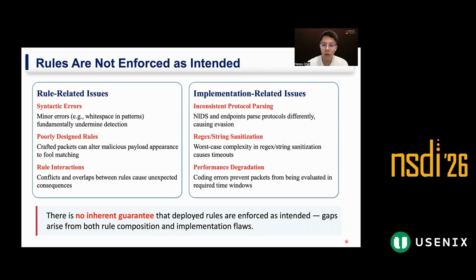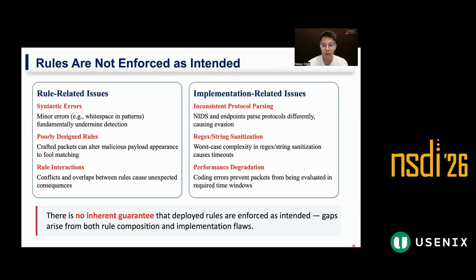However, rules are not always enforced as intended, which is the core observation behind our work. We see two broad sources of this gap. The first category is rule-related issues. Rules are highly structured. Even a small mistake can completely change the detection behavior. And once you have thousands of rules deployed together, interactions between rules can produce unexpected consequences.